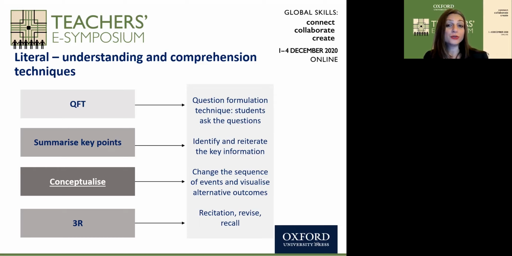And then we move on to the 3 R's, which is recitation, revise, and recall. When they get to recite in class aloud, when they get to read out a story, they will start picking out the main information or the key points. Some students are really shy to read out loud in the classroom.